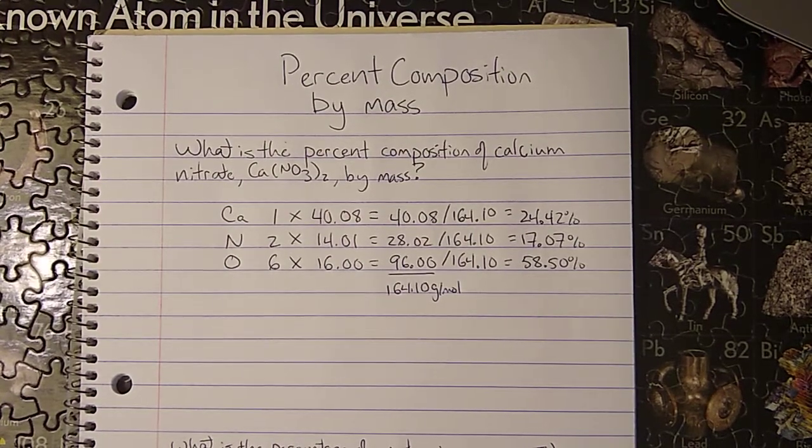So this compound is about 24% calcium, 17% nitrogen, and a little shy of 60% oxygen.